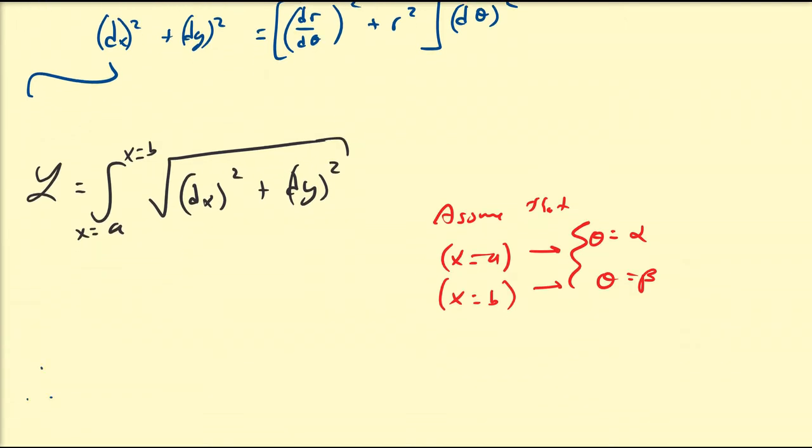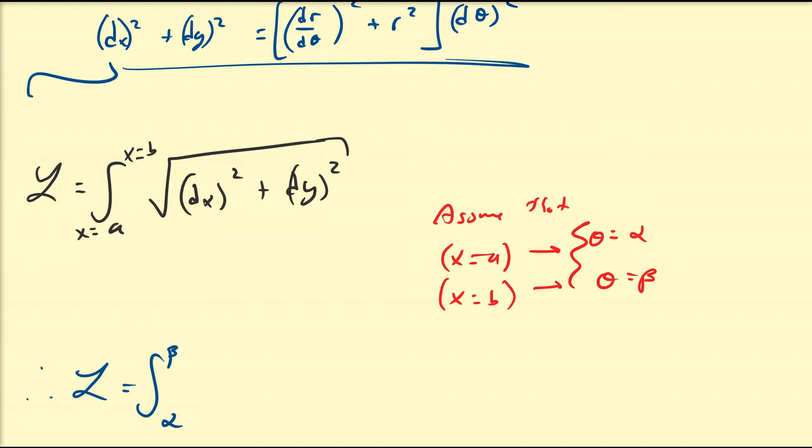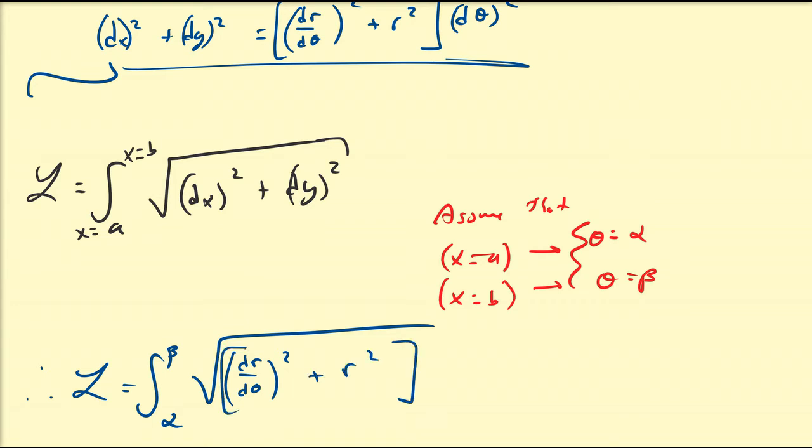So if that is the case, then we're just going to replace dx squared plus dy squared with this expression. So the arc length is going to be equal to the integral from alpha to beta of the square root of dr d theta to the quantity squared plus r squared, all times d theta to the quantity squared, right?